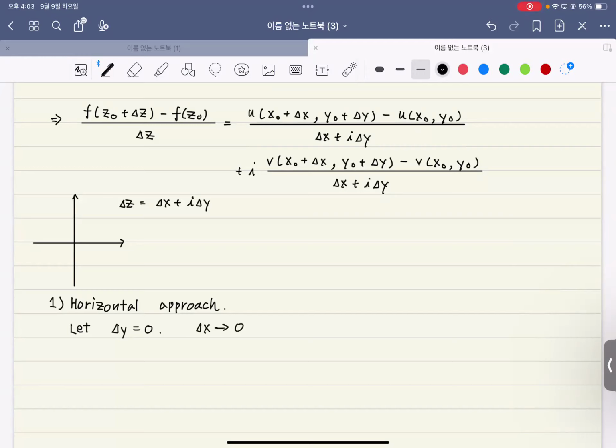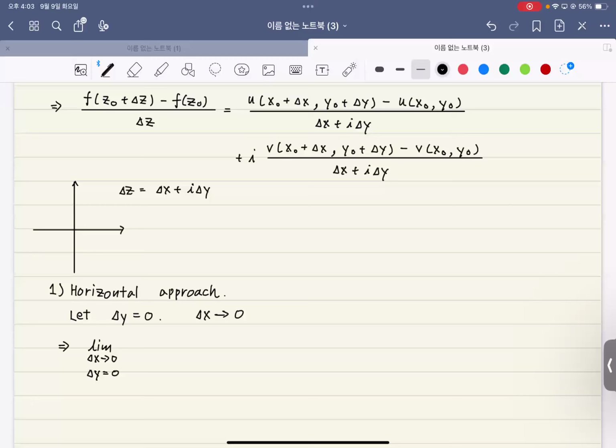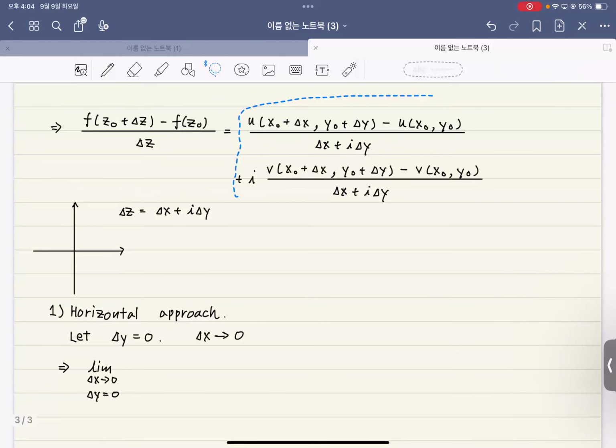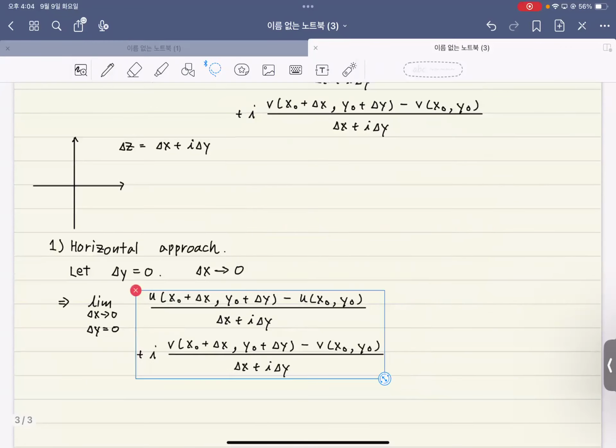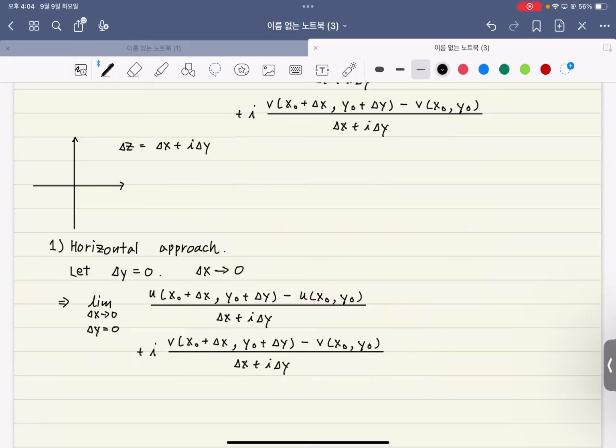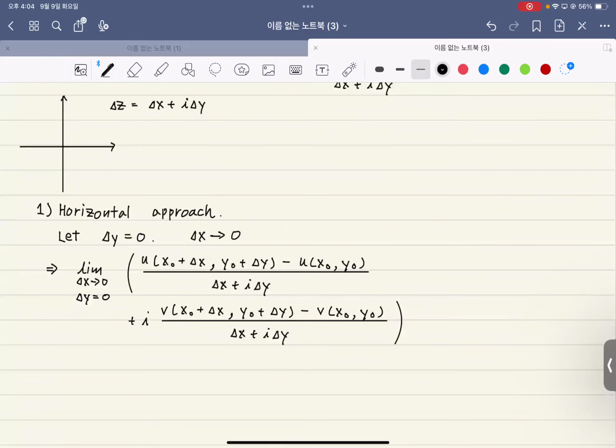Then I am taking the limit of this expression, but now delta of y is 0.